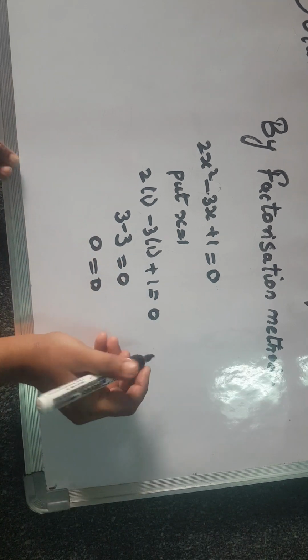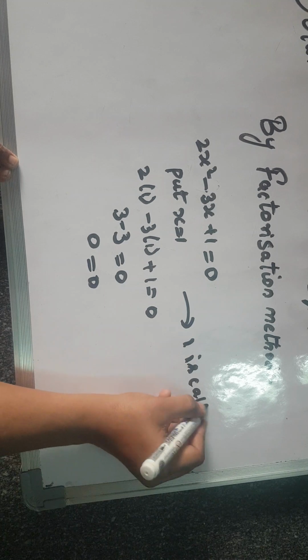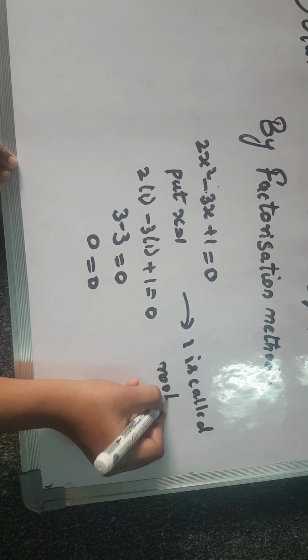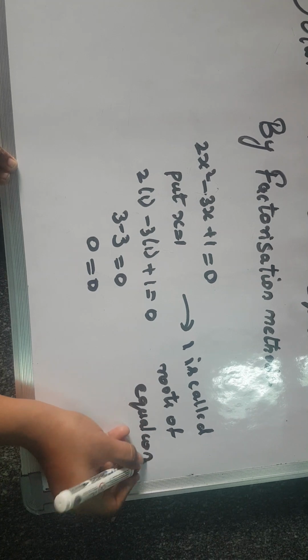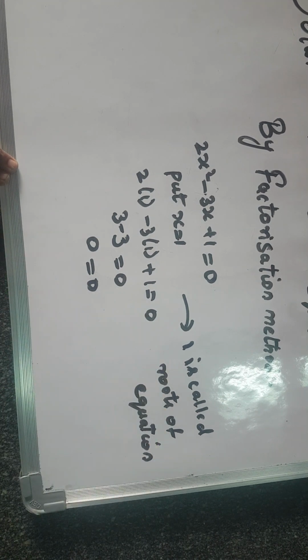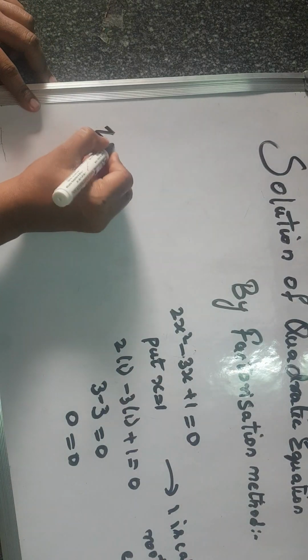This is called the roots of the equation. This process is the same as what I said in the previous video, zeros of polynomial.